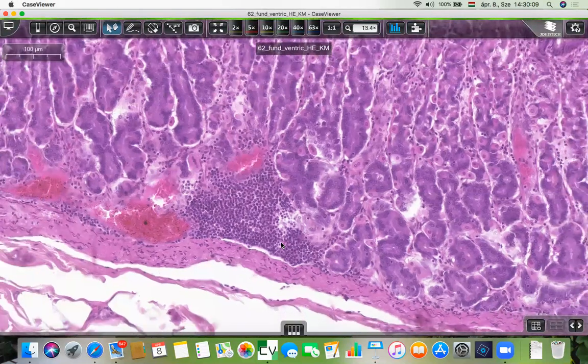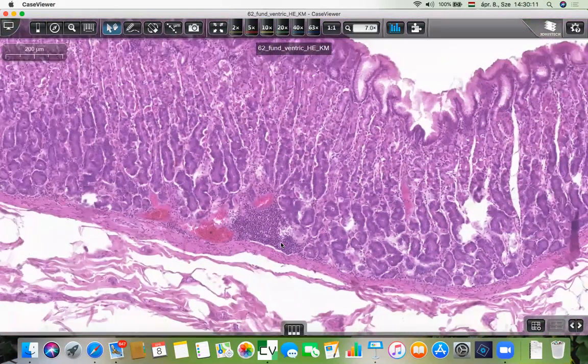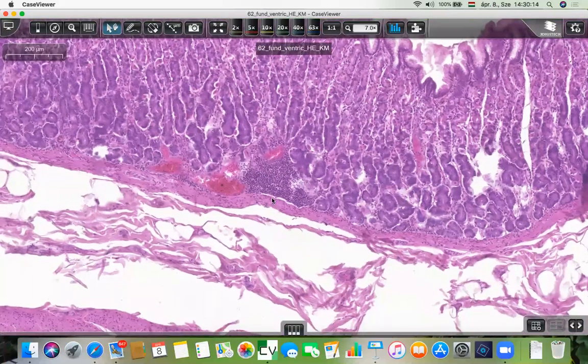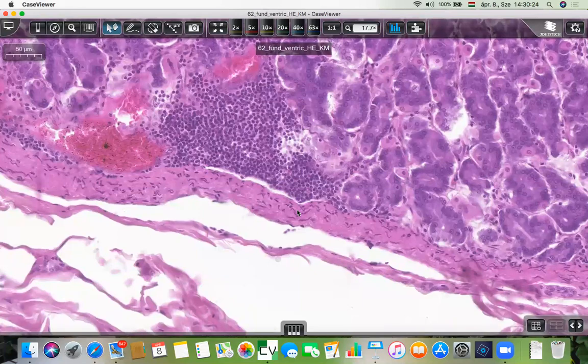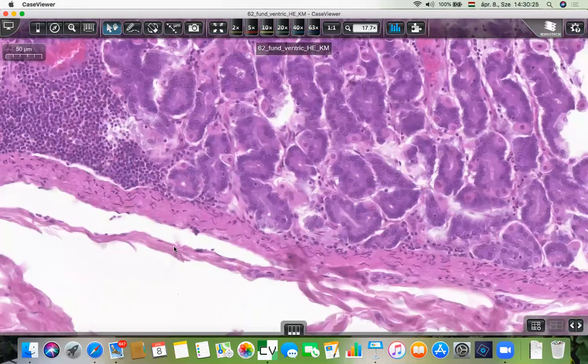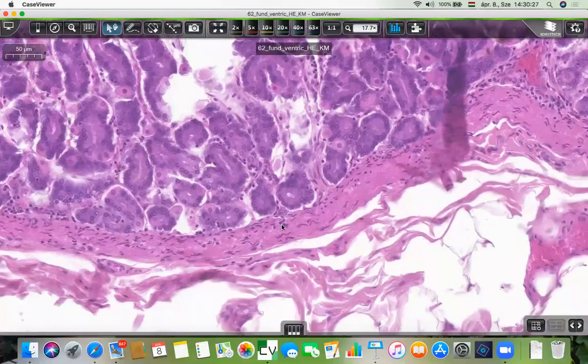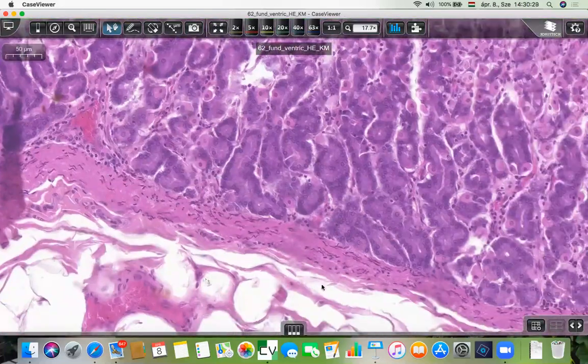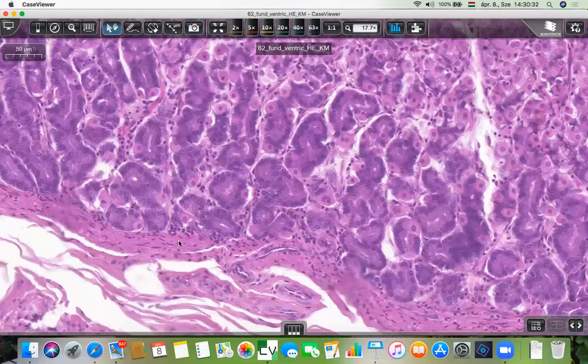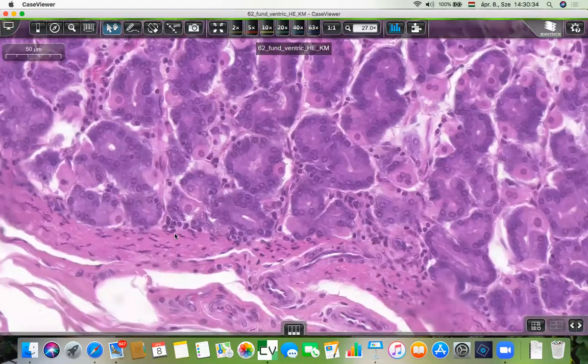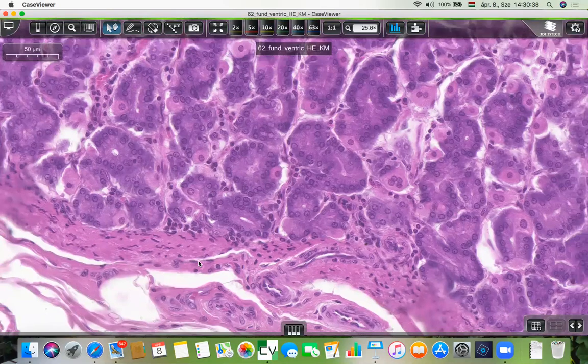Under the gastric lamina propria, we can find the muscularis mucosae. This thin layer represents inner circular, outer longitudinal muscle fibers, but rarely seen the different arrangement between the fibers, maybe here, maybe here. So the inner circular, outer longitudinal layers.